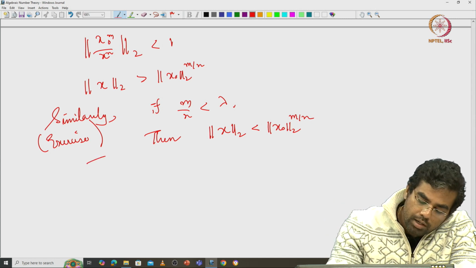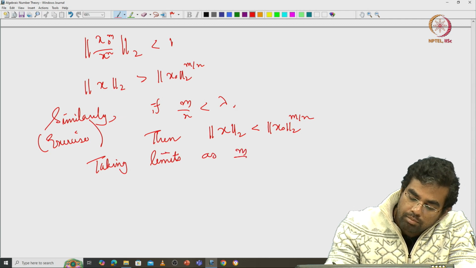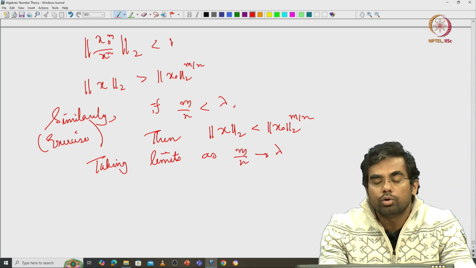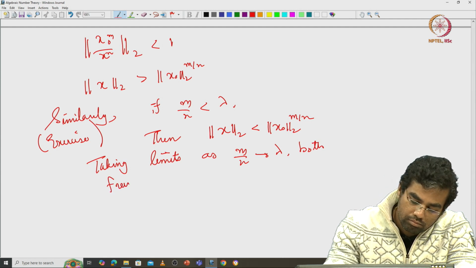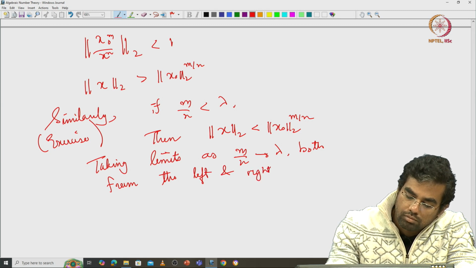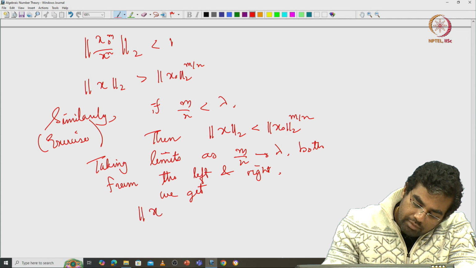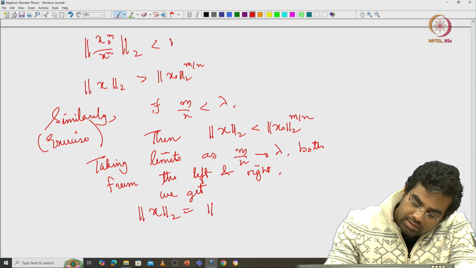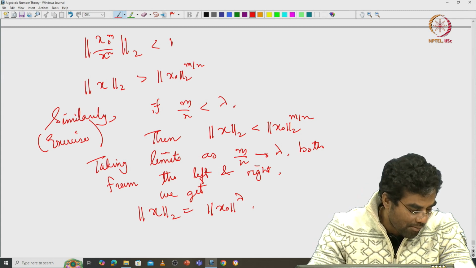Now taking the limit as m by n approaches lambda both from left and right, we get the second valuation of x is the second valuation of x0 to the power lambda, okay.